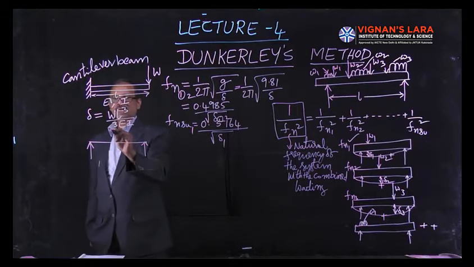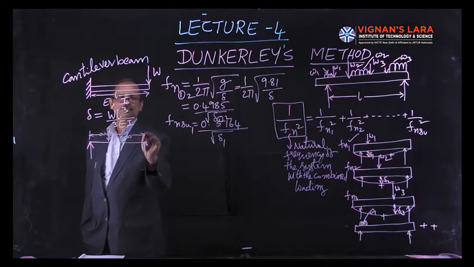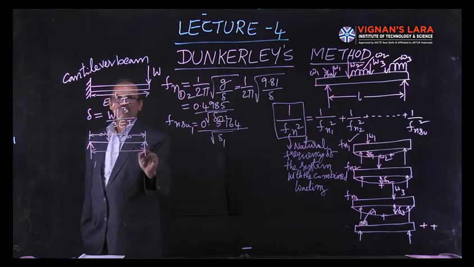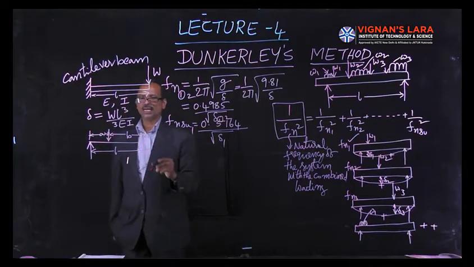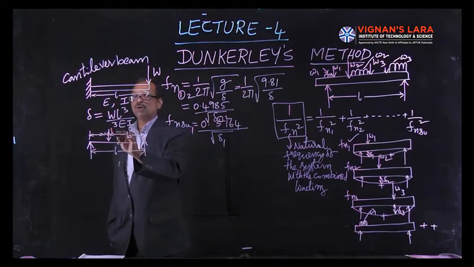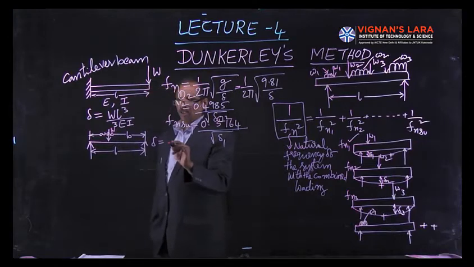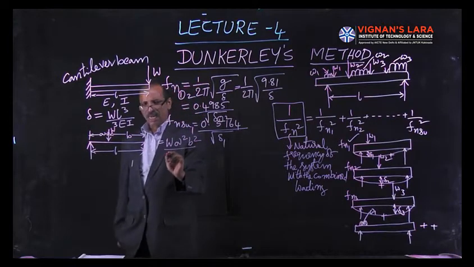And in case of a simply supported beam with a point load at a location, say at distance A from one end and B from the other end, with total length L and properties E and I, and this is the load W, delta is equal to W A square B square by 3EIL.